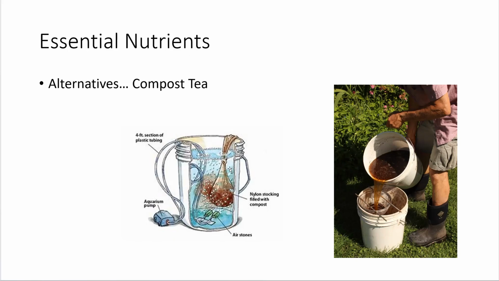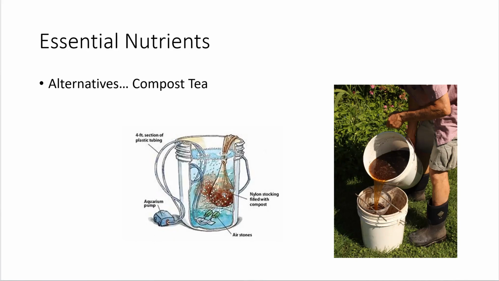This is a little fun diagram I found on the World Wide Interweb somewhere, but what this is, is pumping air through air stones, just like you have in an aquarium. Essentially, it's getting some oxygen bubbles to go through here, and you put some compost in some sort of water penetrable sack, a nylon stocking in this case, right?